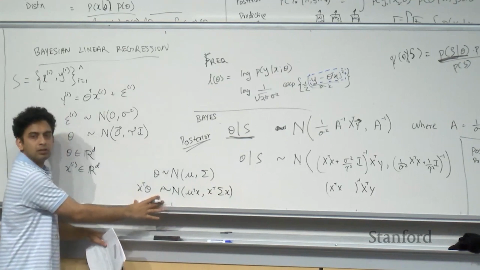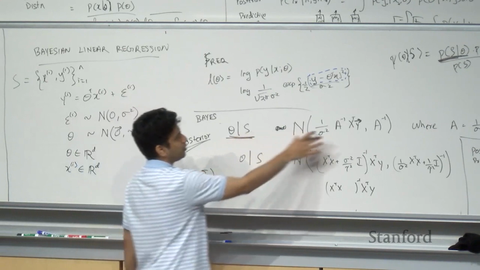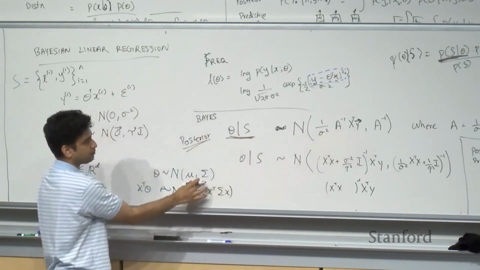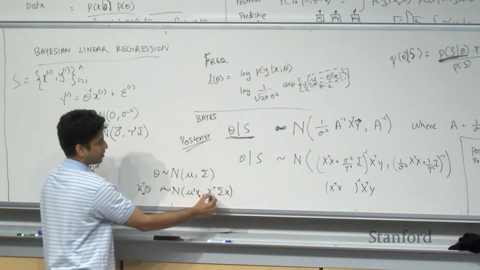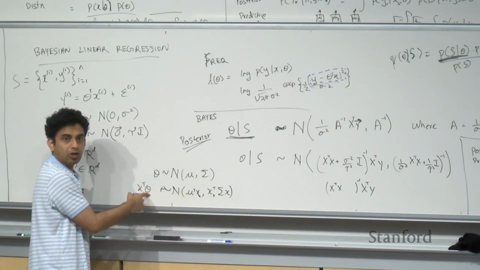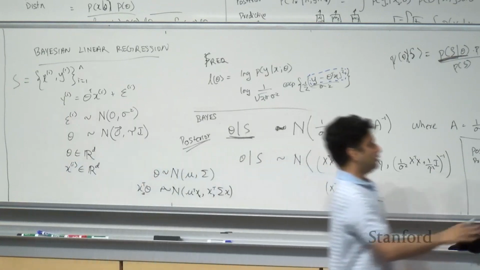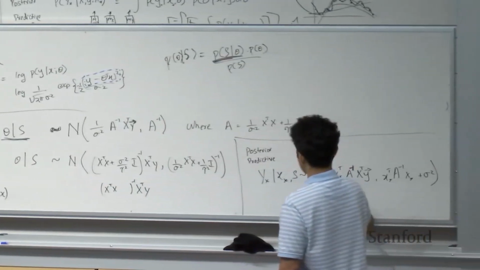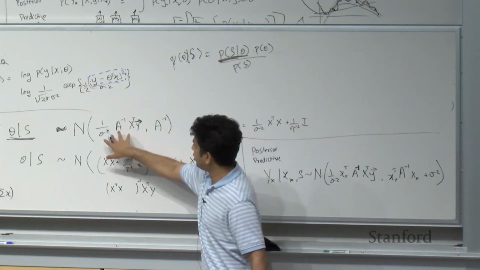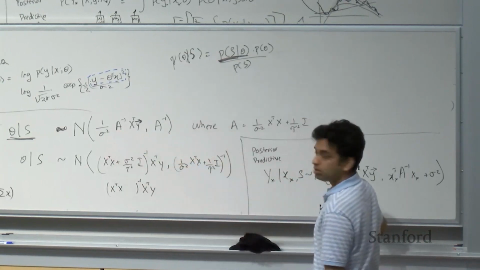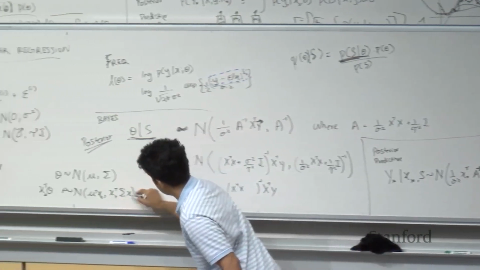And this is just a property of Gaussians. Right? And now we have our theta to have some normal distribution, and to make a prediction here x star, we take a dot product with theta, because that's what linear regression does, and that gives us this expression, where this expression is just like x transpose mu, where mu is this, dot this with x star and you get this, and the covariance is this.